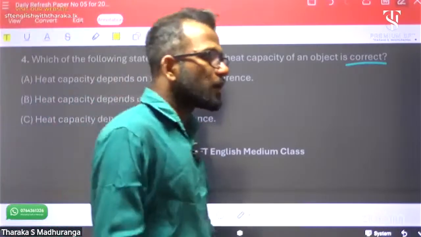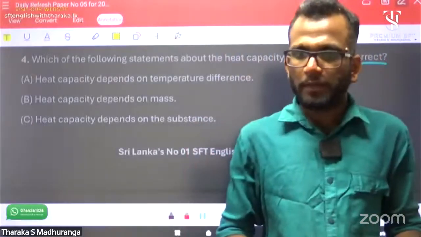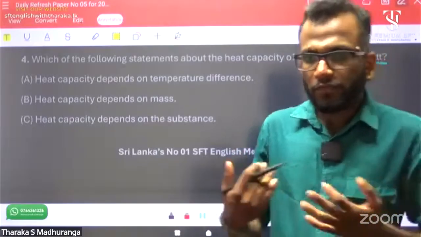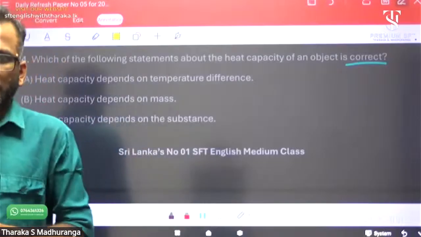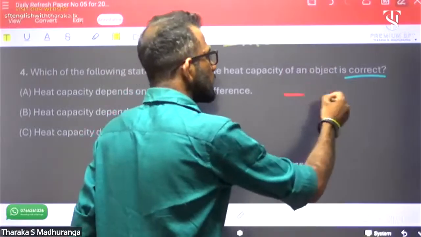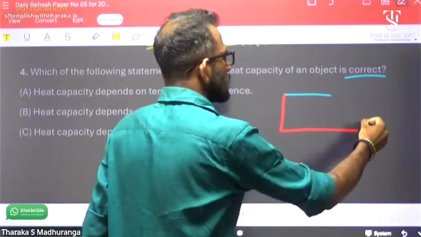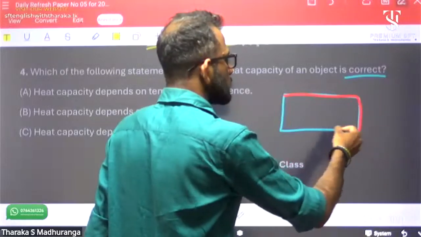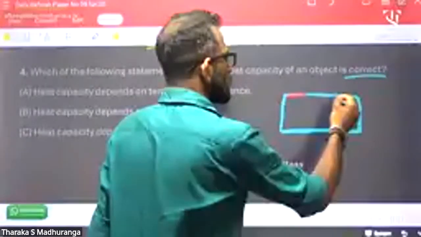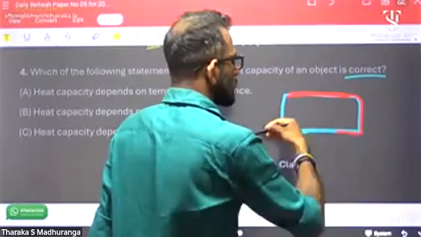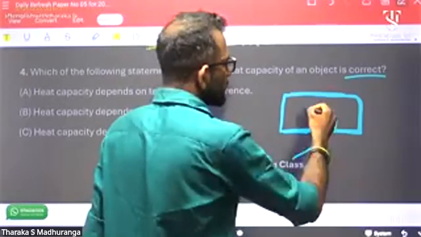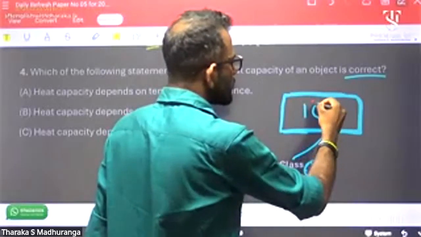Correct, correct. How do we find whether it depends or not? What is the heat capacity? The amount of heat Q required to increase the temperature by 1 Celsius.